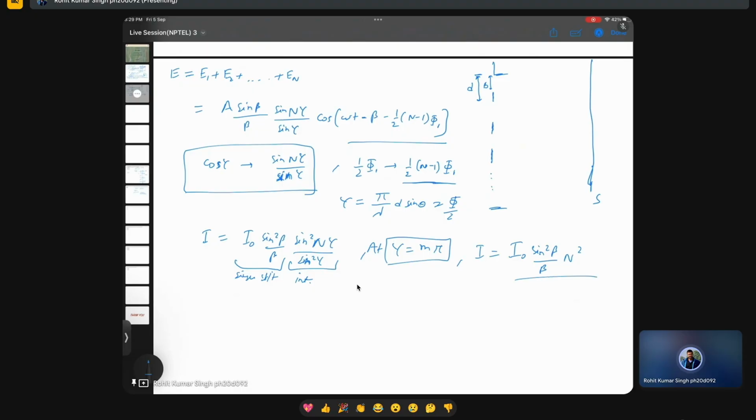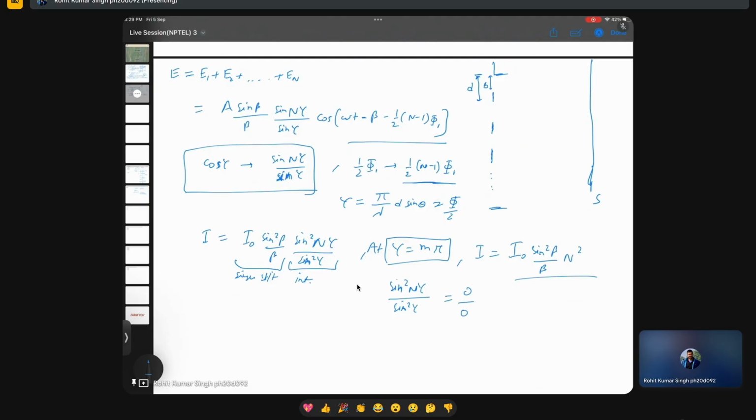How did I write this? You can take this interference term. Now if you put m pi naively in this equation, gamma equal to m pi, what will you get? You get 0 by 0, right? This is just 0 by 0.